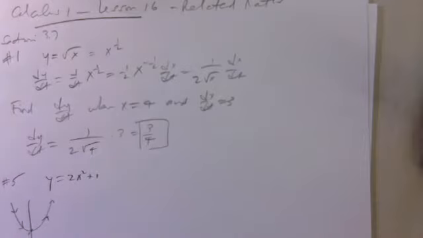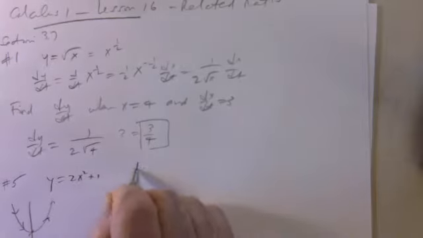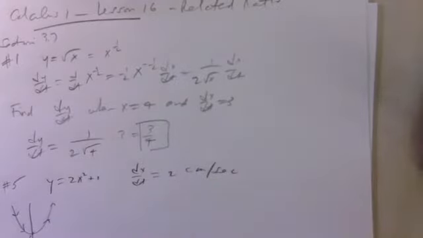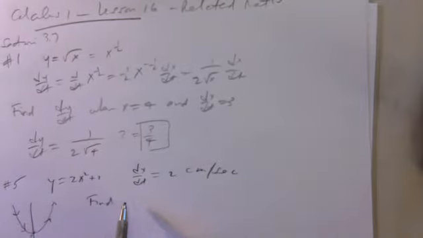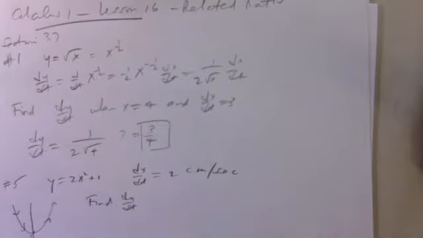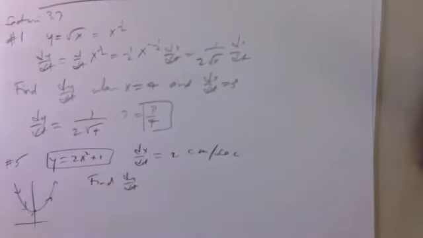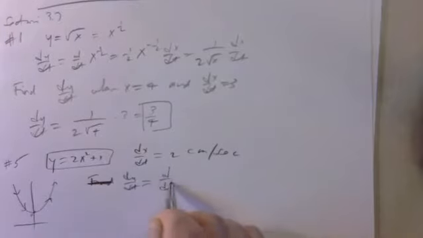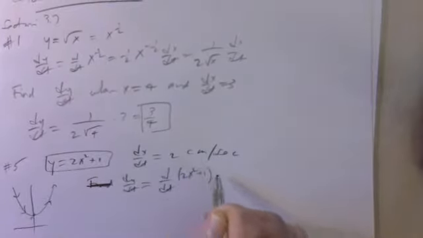and we're told that dx dt is 2 centimeters per second. And we want to find dy dt for certain values of x. So along this curve, y equals 2x squared plus 1, if x and y are functions of t, dy dt is going to be equal to the derivative with respect to t of 2x squared plus 1.